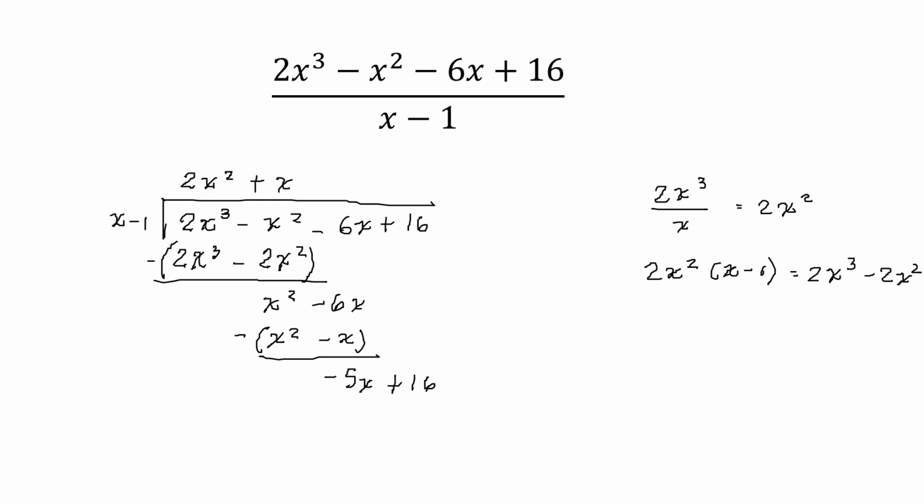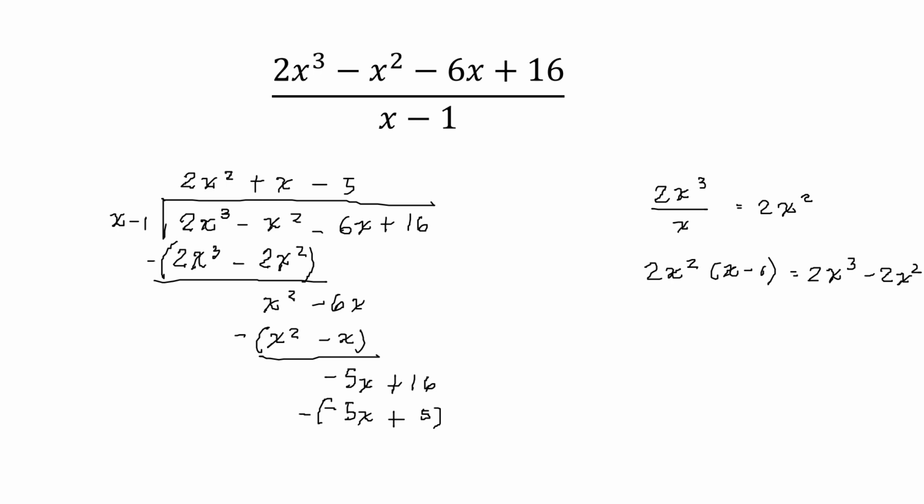Negative 5x divided by x is negative 5, and multiply. Negative 5 times x is negative 5x. Negative 5 times negative 1 is positive 5. Subtract the entire thing from that.